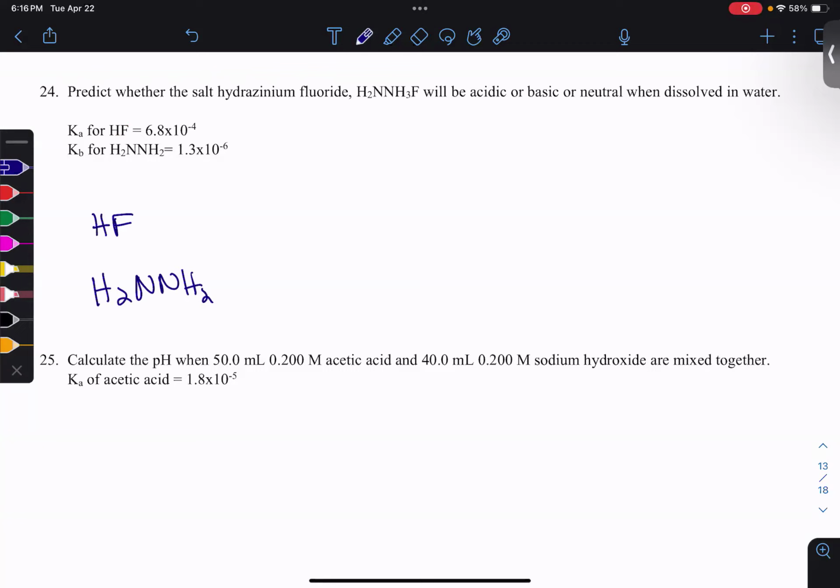How do you know? Because this thing is a weak base. How do I know it's a weak base? It's because I give you a Kb for it. So you put HF in water, it has a Ka. It's a weak acid. It's going to be acidic. H2NNH2 has a Kb. It's a weak base. You put it in water, it's going to be basic.